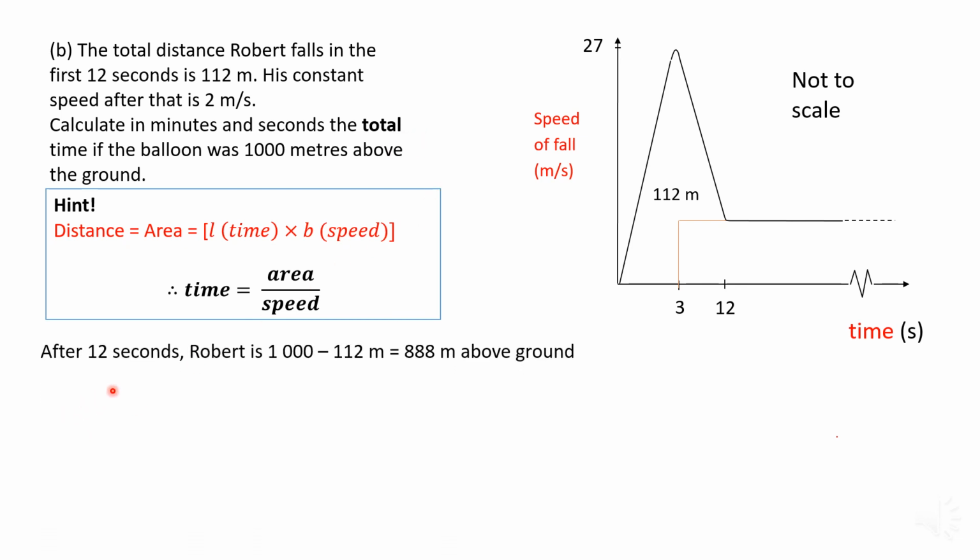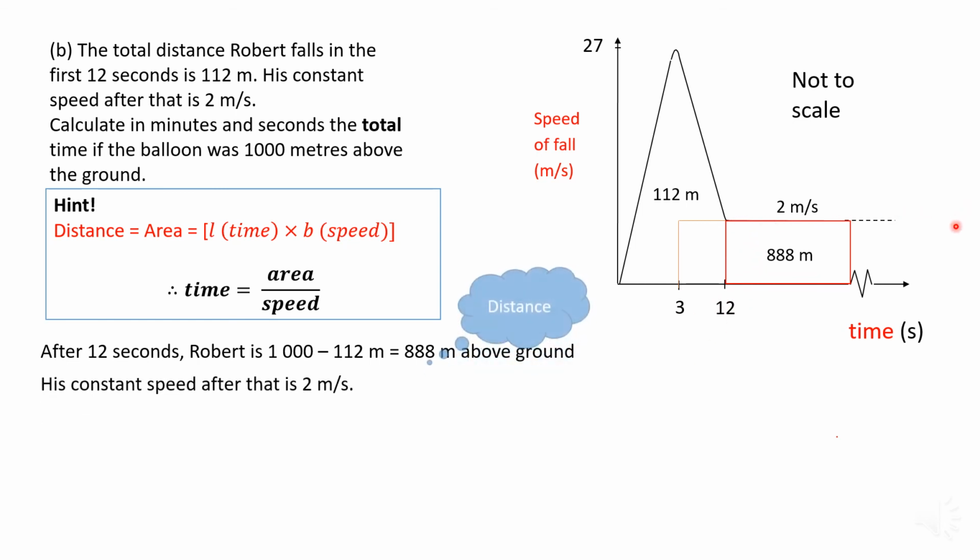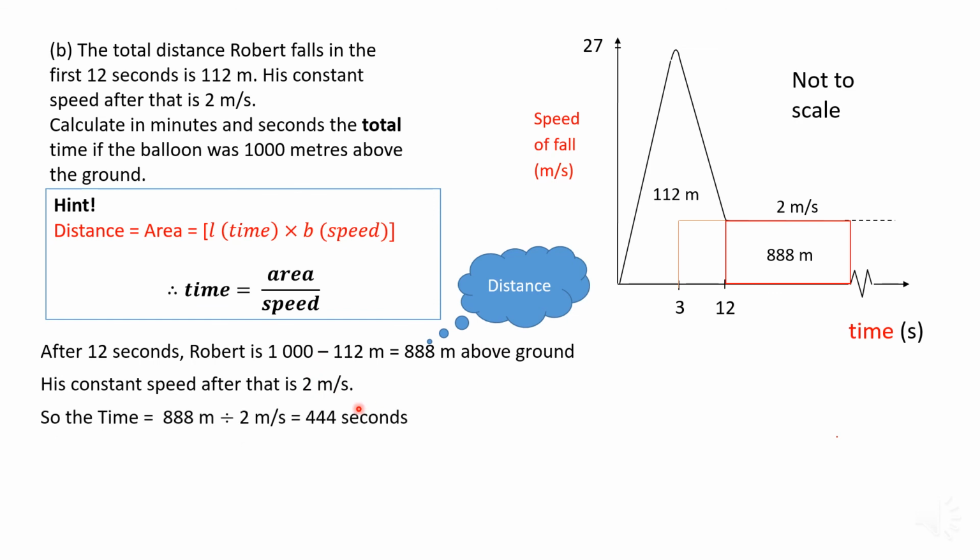After 12 seconds, as I said, he is now 888 meters above ground, and his speed now is constant at 2 meters per second. To find the time, you take the distance over speed.